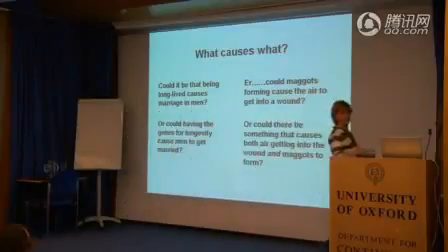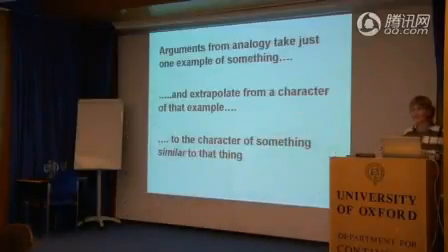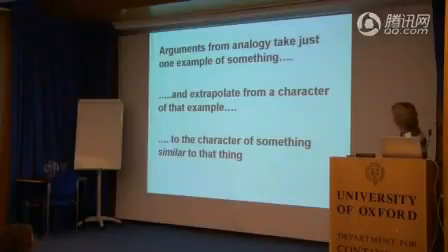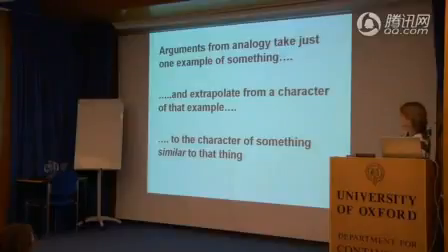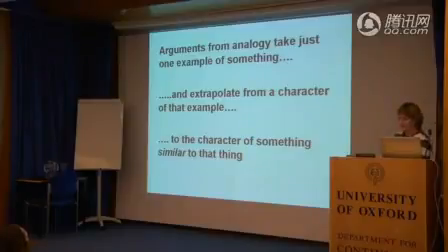So, moving on quickly to analogy. Another type of inductive generalization, it takes just one sample of something and then extrapolates from a character of that example to the character of something similar to that thing.